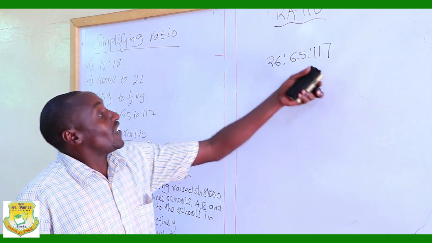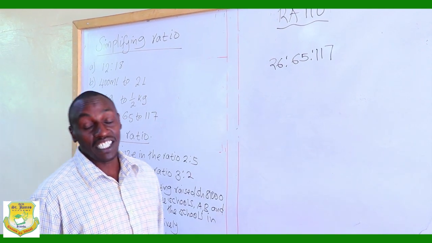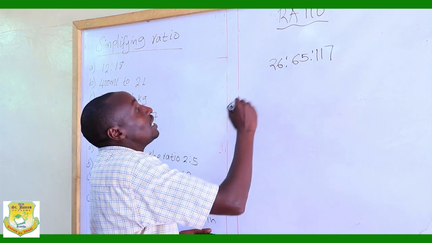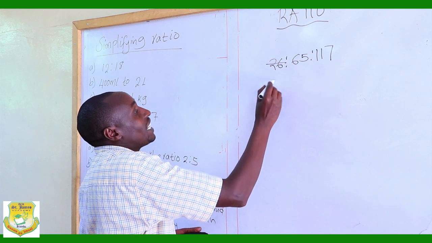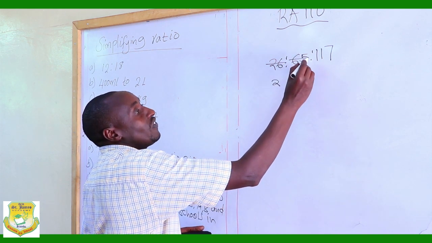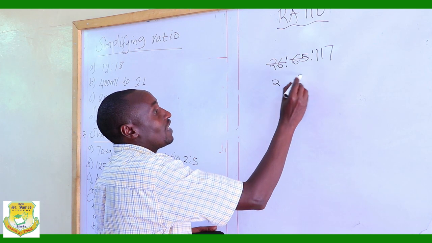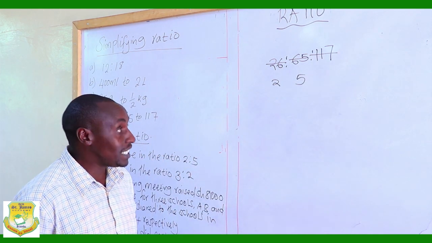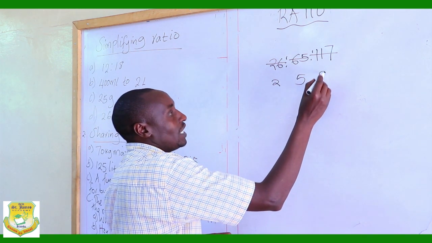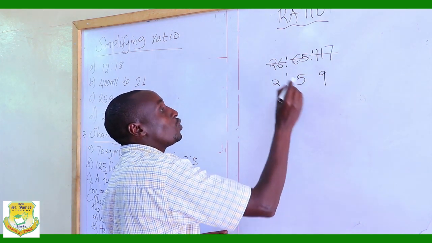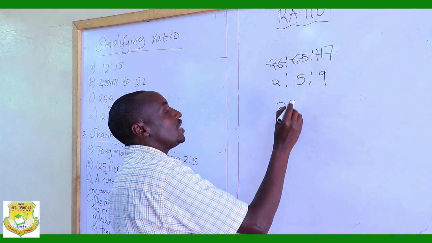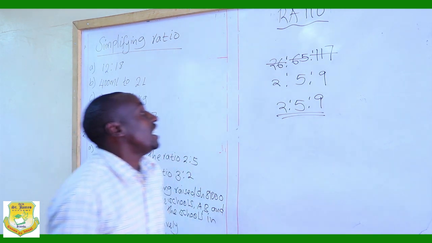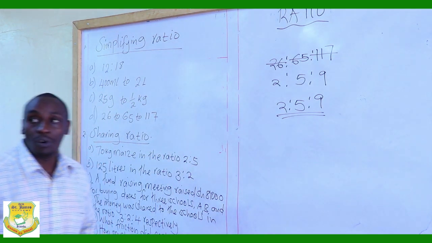Our common divisor here, we can take 13. So 26 divided by 13, I get 2. 65 divided by 13, I get 5. 117 divided by 13, I get 9. So the ratio will be 2:5:9. That is the ratio in the simplest form.